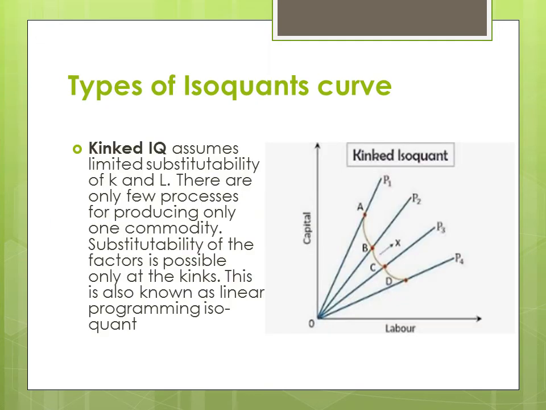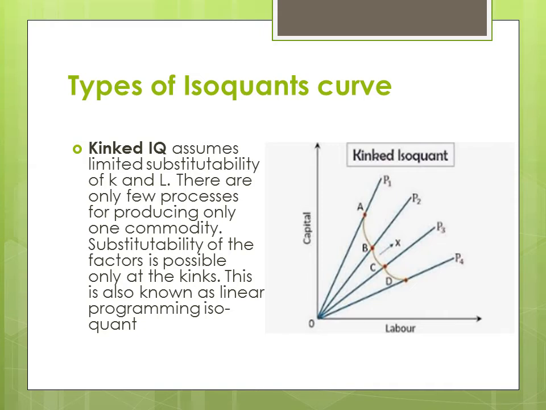This is the kinked isoquant shape, which shows the limited substitutability of capital and labor, and there are only a few processes for producing one commodity. Substitutability of the factors is possible only at the kinks.